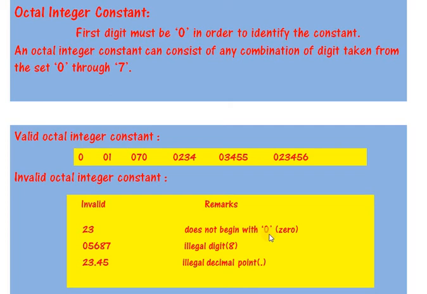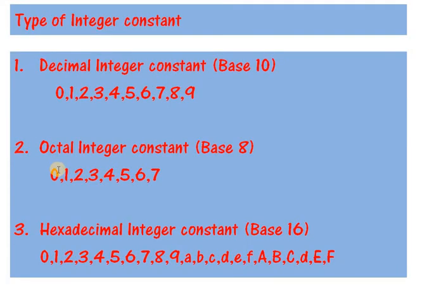I have already told you that in octal integer constant, the first digit must be 0 in order to identify the constant, so it is invalid. Second, 05687: 8 is not a valid digit in octal integer constant, because 0 to 7 is allowed since the base is 8.